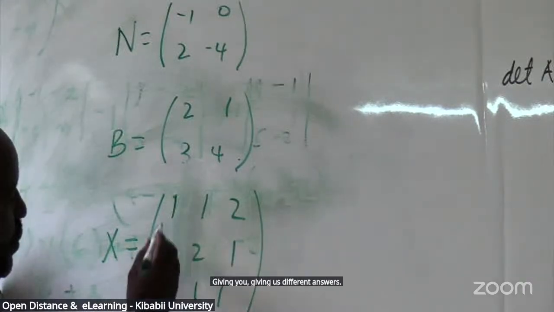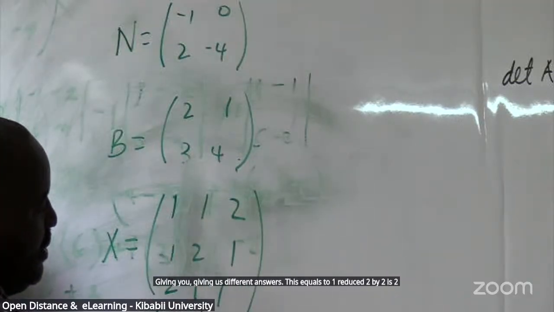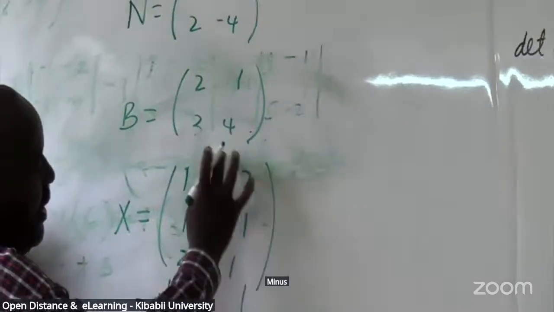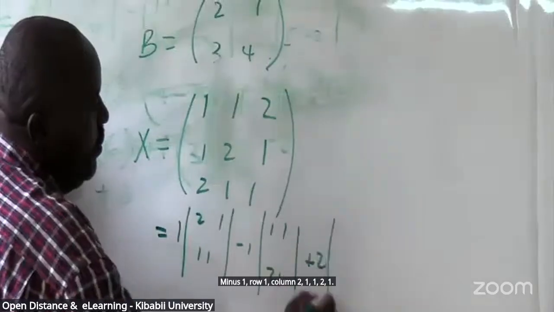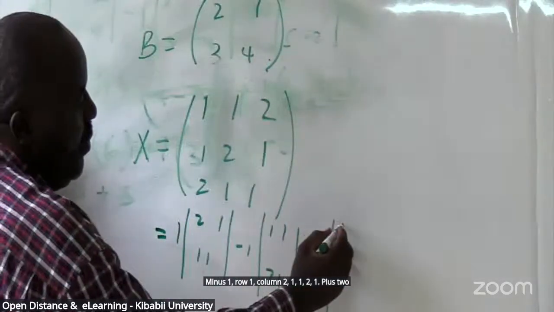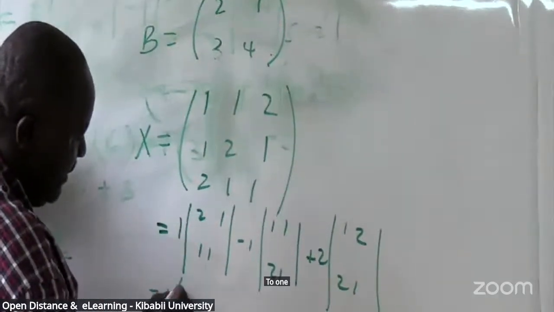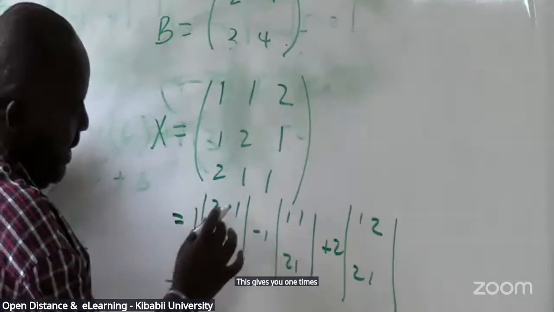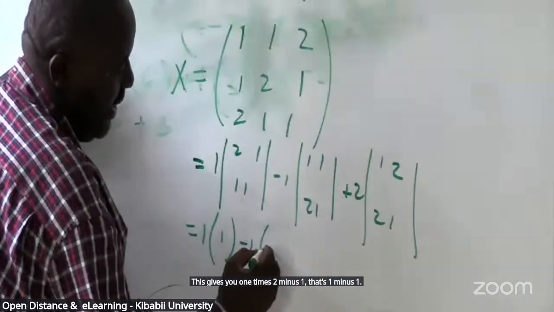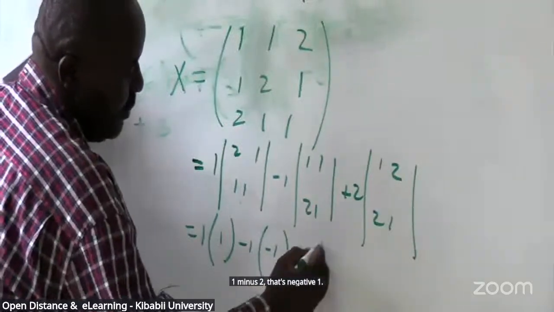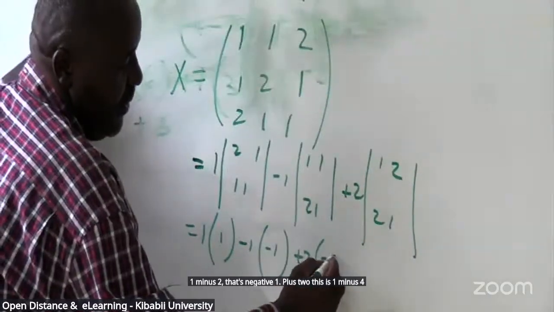This is equal to 1 times the reduced 2 by 2, which is 2, 1, 1, minus 1. Row 1, column 2: minus 1 times 1, 1, 2, 1. Plus 2, row 1, column 3, times 1, 2, 2, 1. This gives you 1 times 2 minus 1, that's 1, minus 1 times 1 minus 2, that's -1, plus 2 times 1 minus 4, that gives you -3.